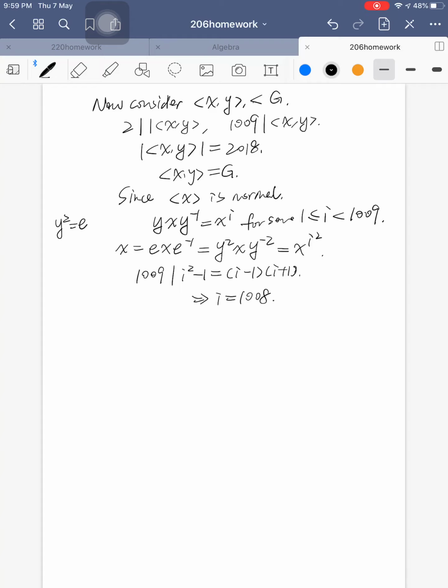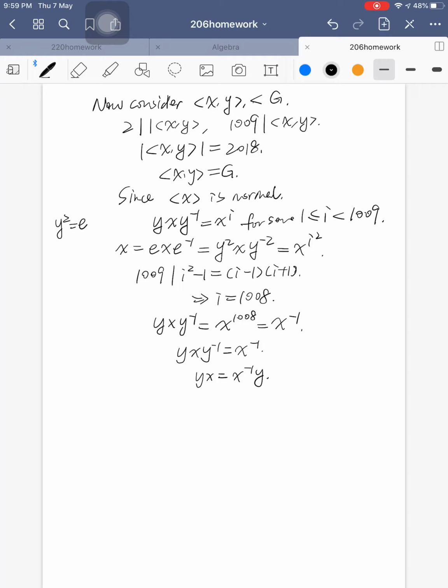So I gives 1008, so we have Y X Y inverse equals X to the power 1008, and notice that X to the power 1008 is actually X inverse, because X to the power 1009 is just the identity. So we have Y X Y inverse equals X inverse, and Y X equals X inverse Y.